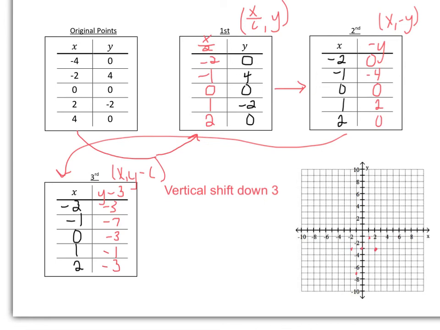So it is important that the shape stays the same, and remember we did have a reflection, but on the left-hand side of the y-axis it looks like sort of a parabola, so when we're connecting the points we want to keep that shape, and then on the right-hand side it looked like a V, so we want to keep that shape as best we can.